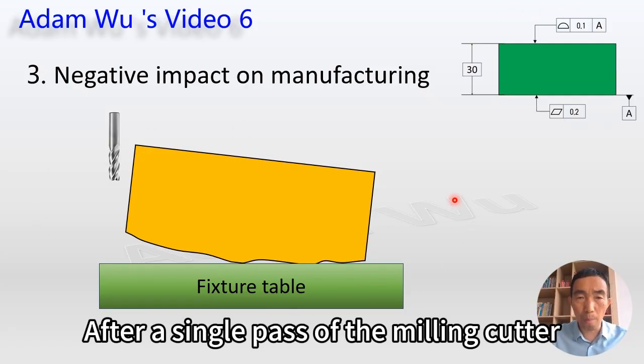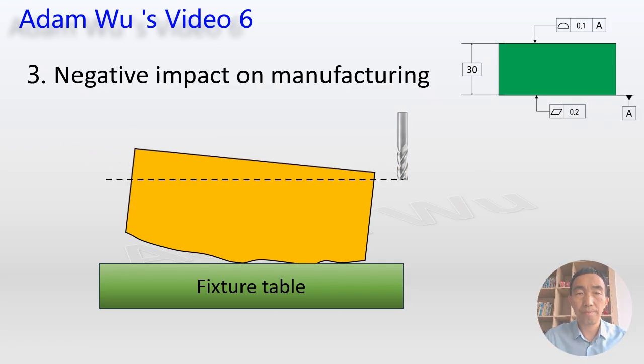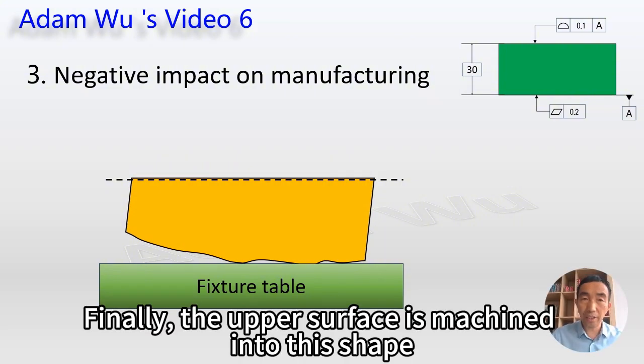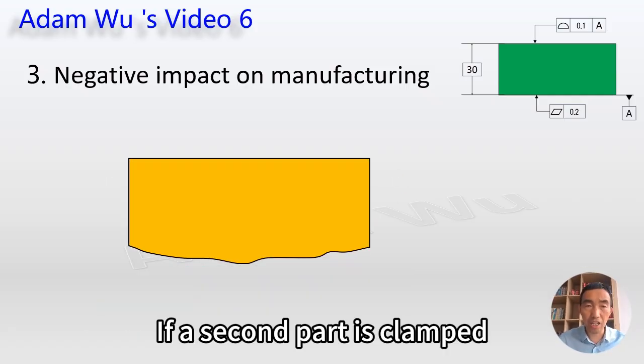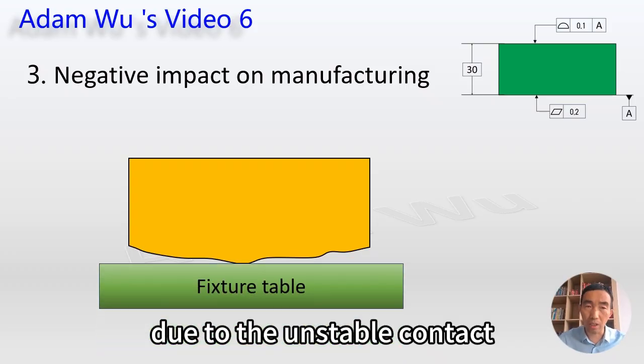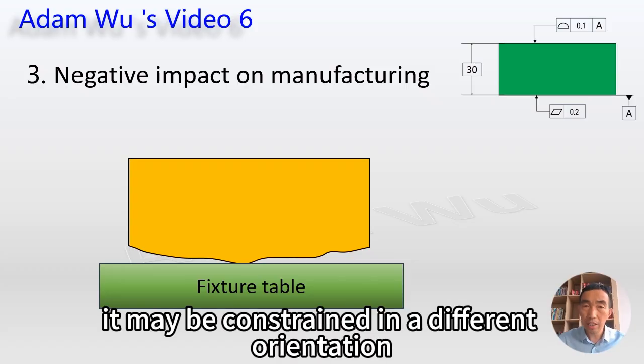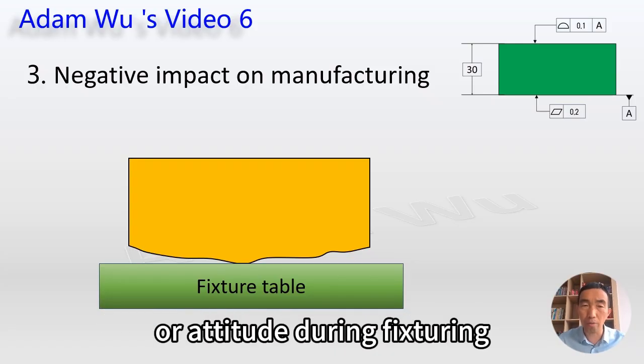After a single pass of the milling cutter, the upper surface is then machined. Finally, the upper surface is machined into this shape. If a second part is clamped, due to the unstable contact condition between the part and the fixture table, it may be constrained in a different orientation or attitude during fixturing.